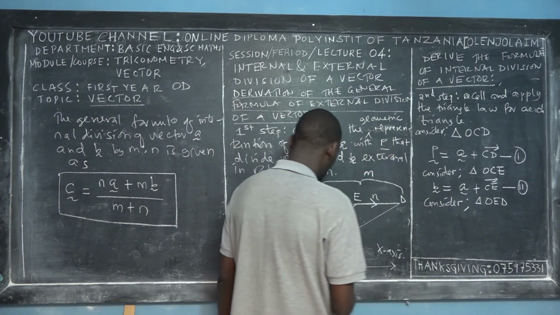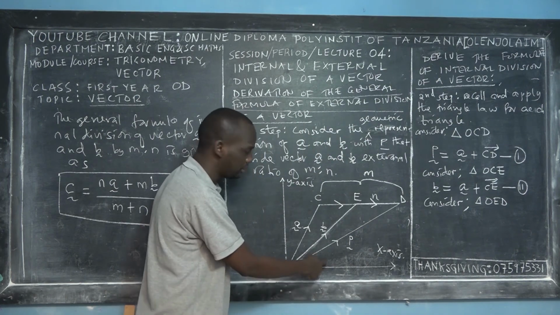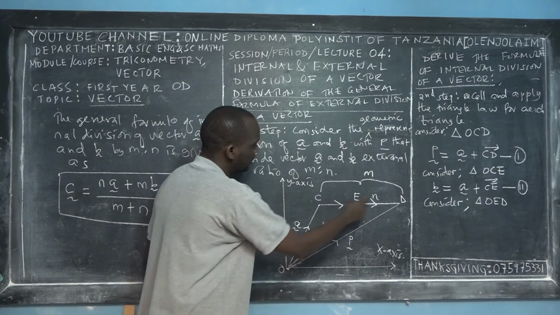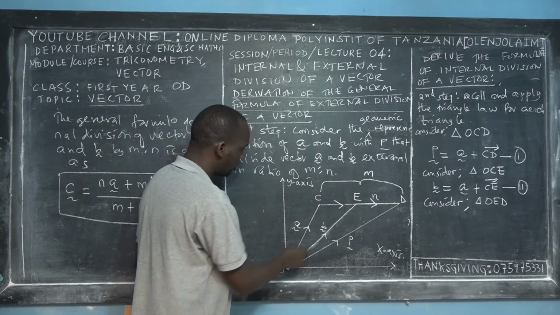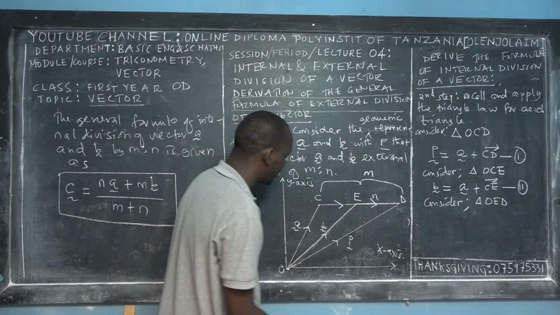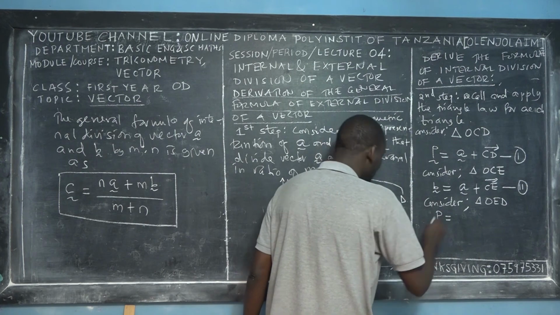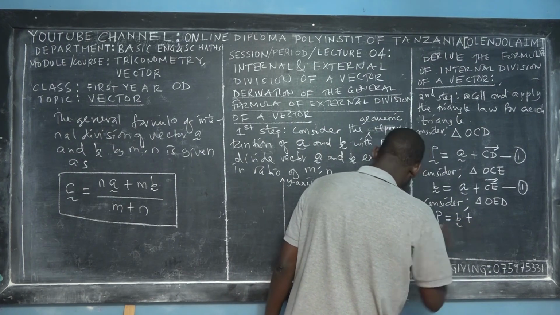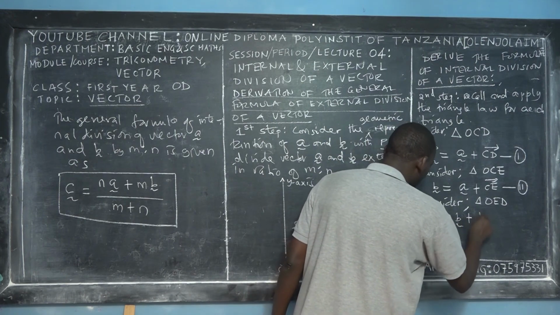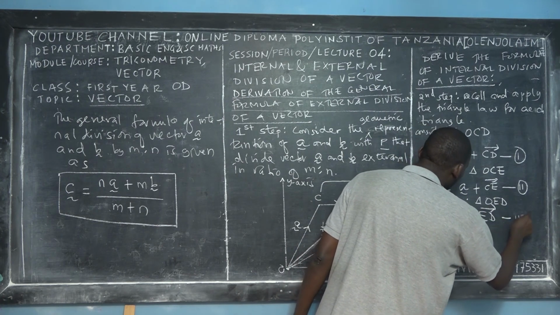What is the resultant vector here? Vector P. Vector P is the resultant, and then we have the positional vector B plus the displacement vector ED. So this is the third equation.